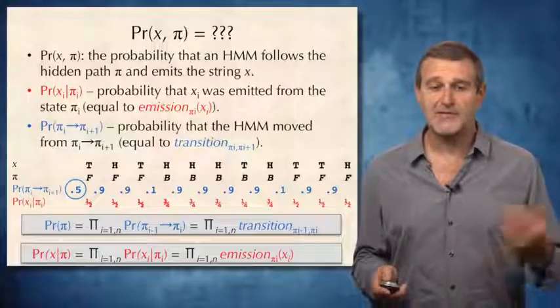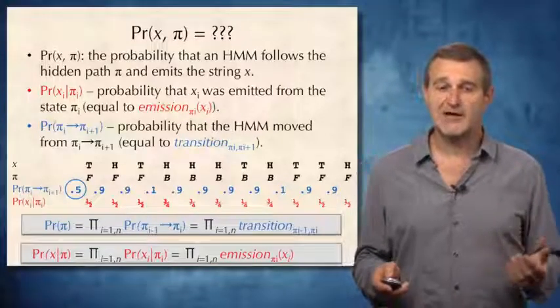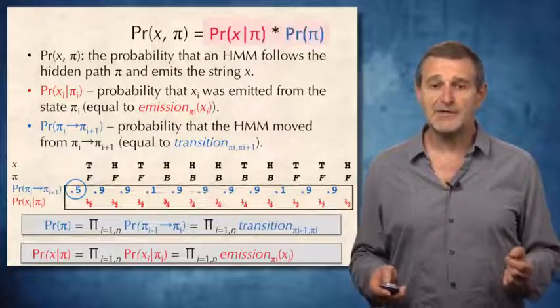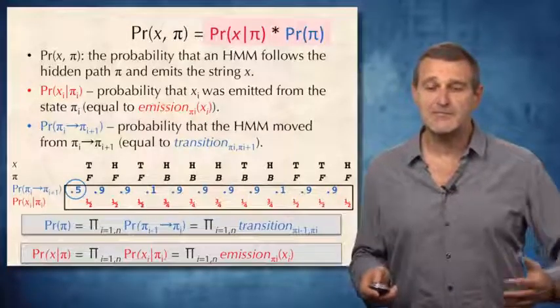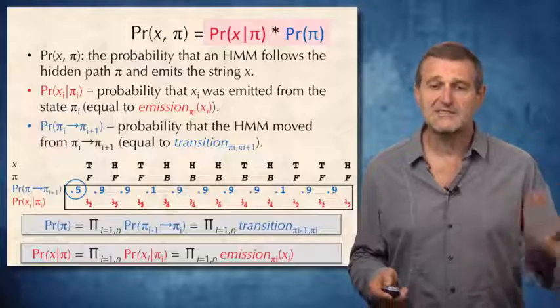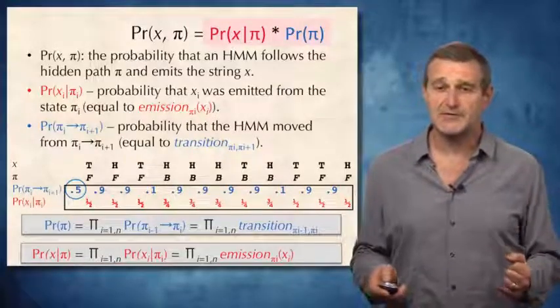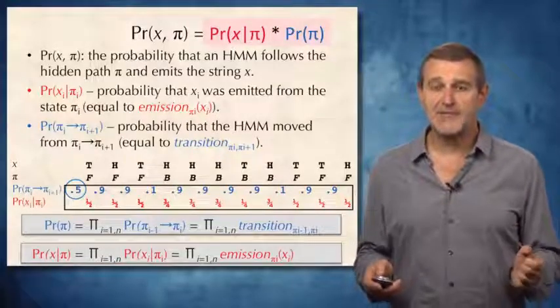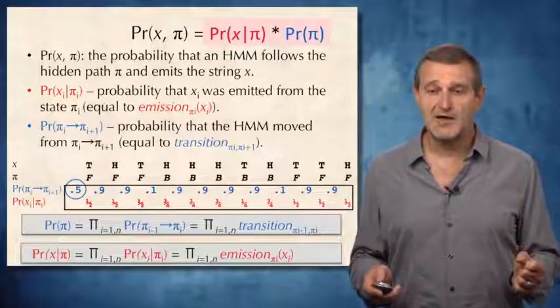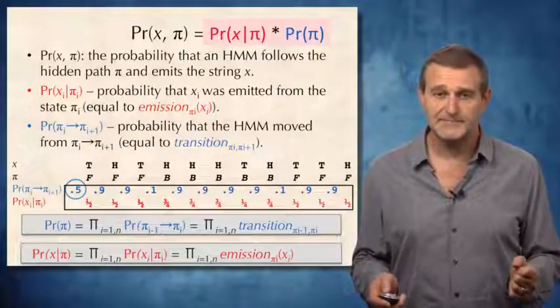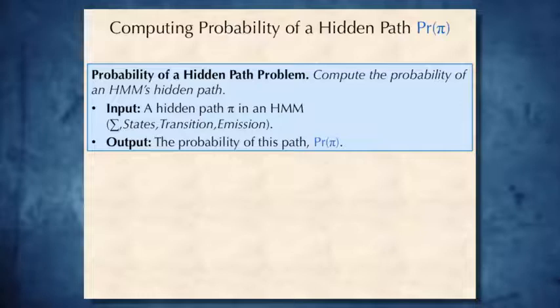After we computed these values, the probability of pi and the probability of x given pi, we can compute the probability of x, pi, which is simply the product of all these small probabilities that we computed, equal to the probability of x given pi multiplied by the probability of pi. So the problem of computing the probability of x, pi has been reduced to two problems.